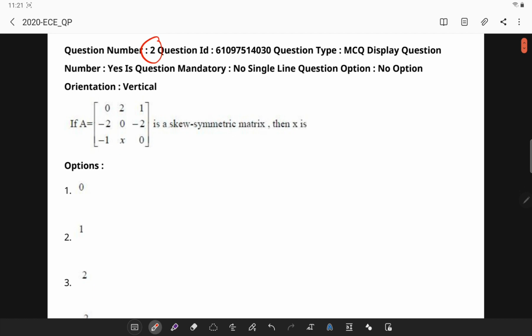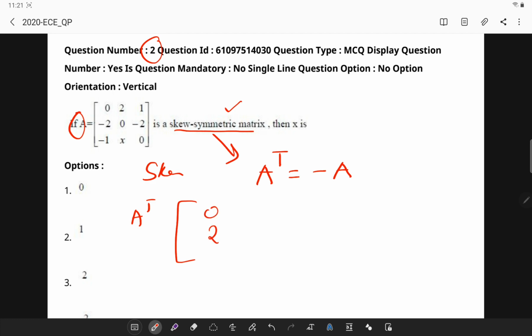question number 2. Given the matrix is a skew symmetric matrix, we also know for a skew symmetric matrix the condition is A transpose is equal to minus A. So here the matrix given is A. So A transpose will be 0 2 1 minus 2 0 minus 2 minus 1 x 0.